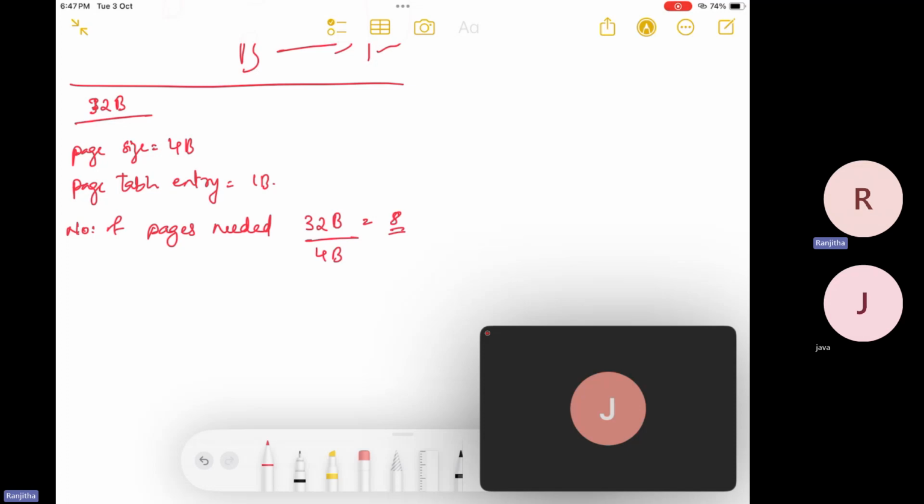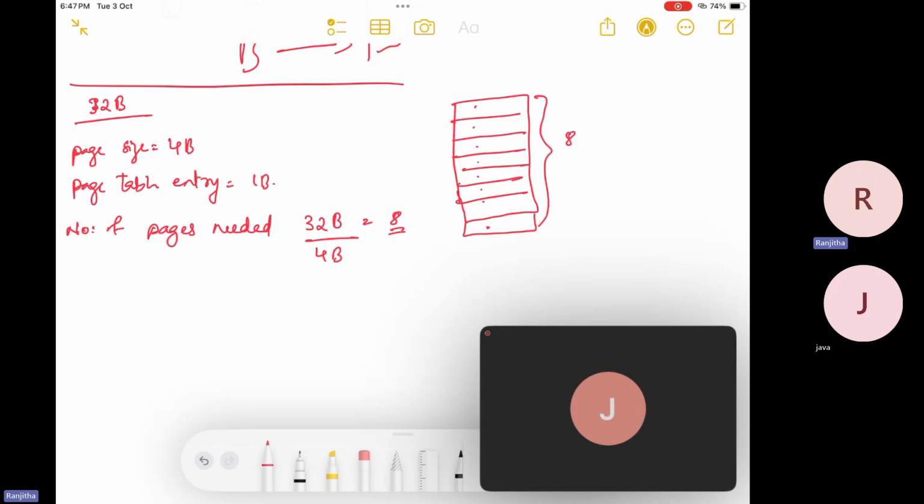When we say 8 pages, it implies that we will have a page table with 8 entries, 1, 2, and so on. Each entry would represent one page. So this is the page table.